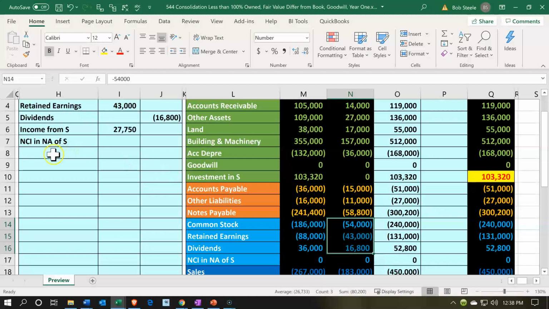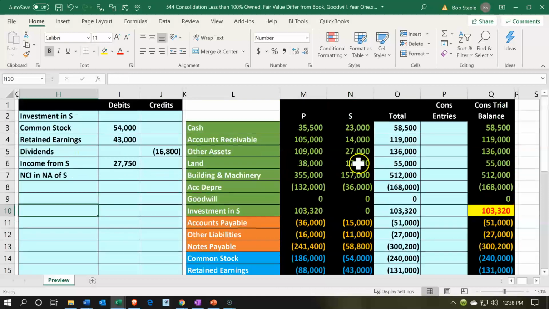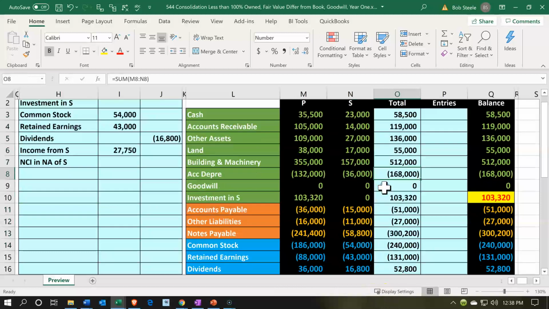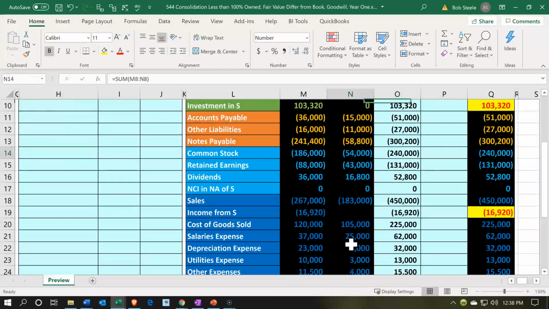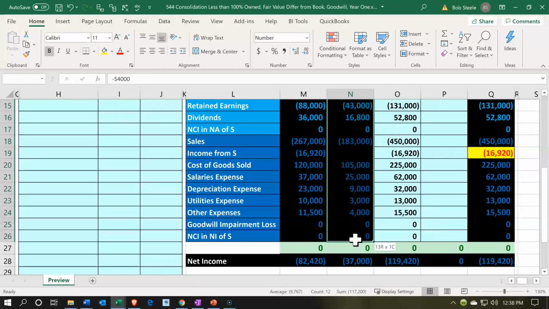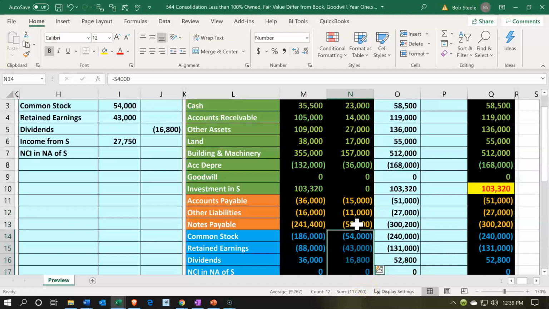So this non-controlling interest in the net assets of S, how could we calculate that? Well, we could take the net assets of S, which would be the assets minus the liabilities here, or all of the equity section here would be this amount, 117,200, same amount. And we can multiply that times the non-controlling interest, which would be 1 minus the 75%, 25%.